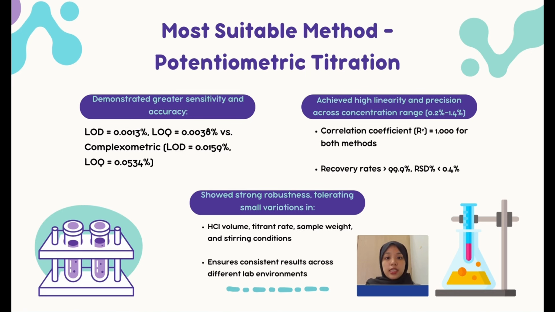Additionally, it achieved excellent linearity with a correlation coefficient of 1, and a recovery rate exceeding 99.9% with RSD values below 0.4%. The robustness of this method was also evident as it tolerated small variations in sample weight, HCl volume, and stirring condition, ensuring reproducible results across different lab settings.